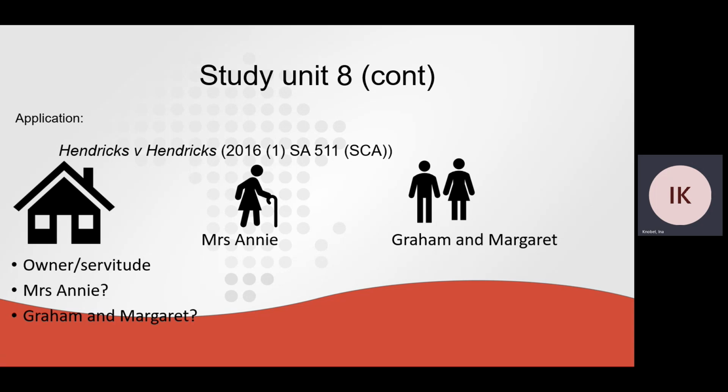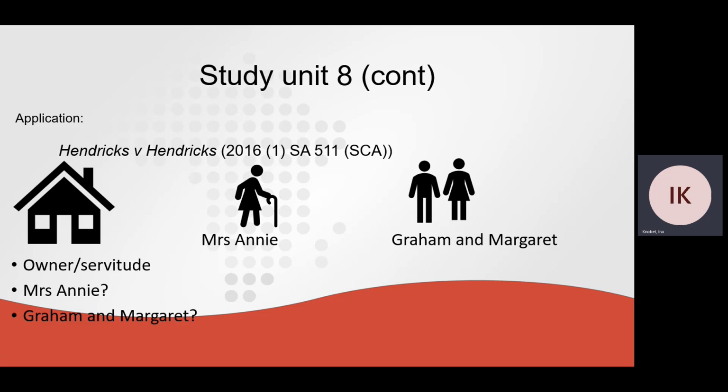In other words, if we just refer to a case for one important aspect, for example, requirements of a remedy, you must know the name of that case. But in your 101 tutorial letter, there are certain cases that you must go and read yourself, and the Hendricks case is one of those.